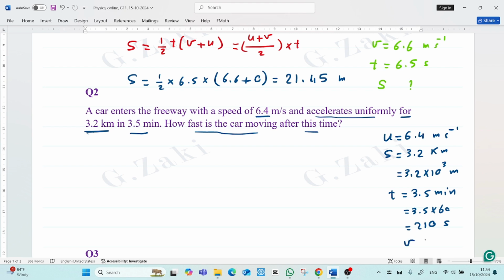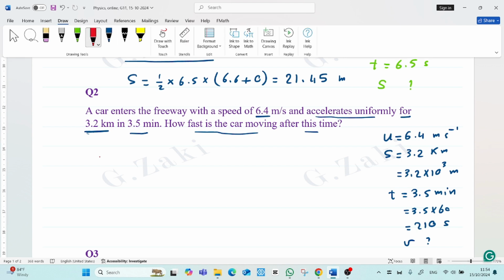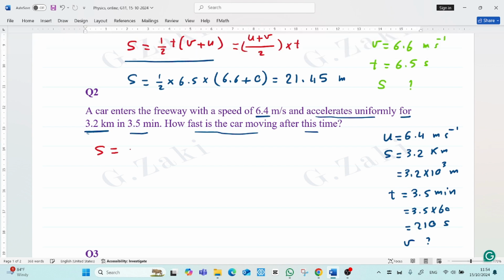How fast is the car moving after this time? We need the final velocity. Also here we have V, U, S, and T. Then we use the same formula. So the formula is that S equals U plus V over 2 multiply T. From this, we arrange it.